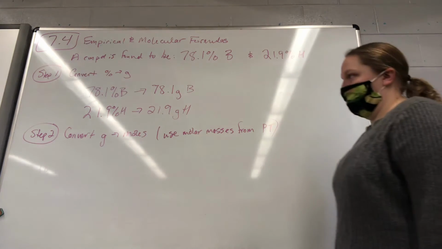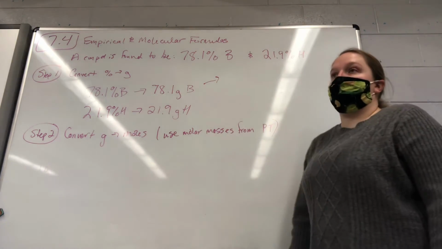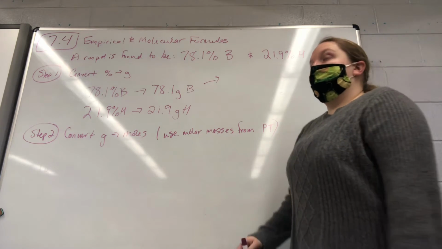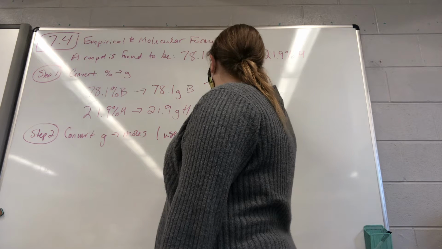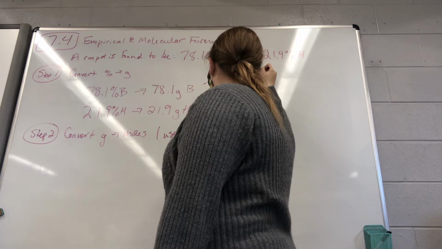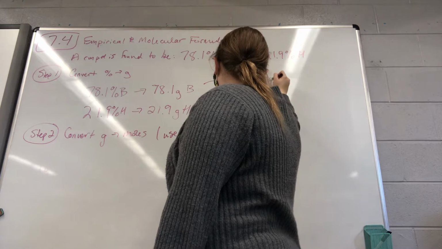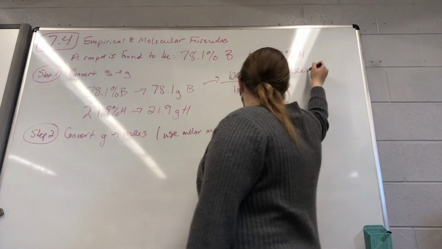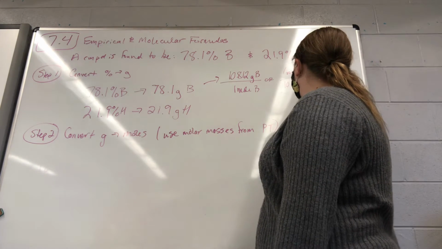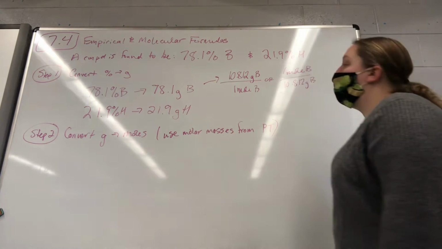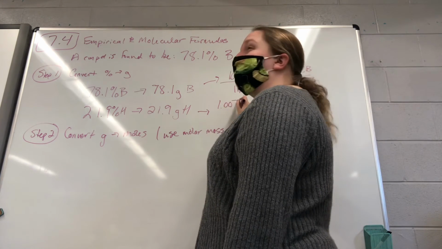Okay. So for boron, what are the two that we can write? Go ahead and look. So grams over 1 mole, or... okay, for hydrogen we can do the same.